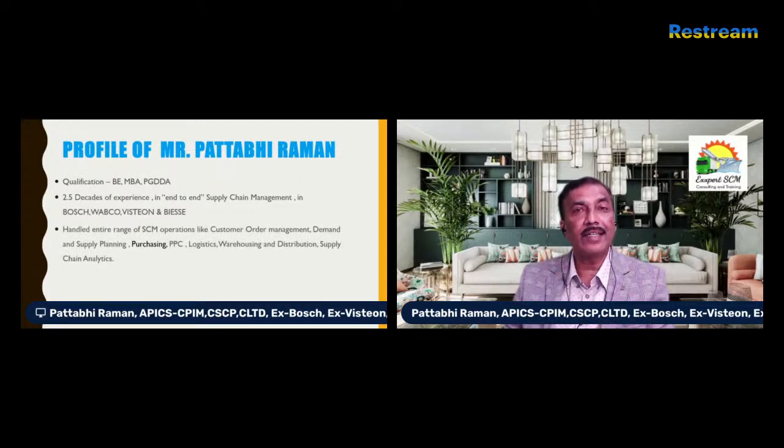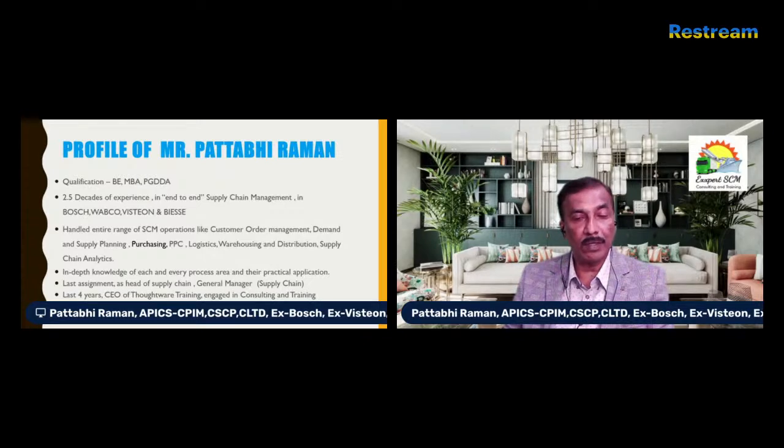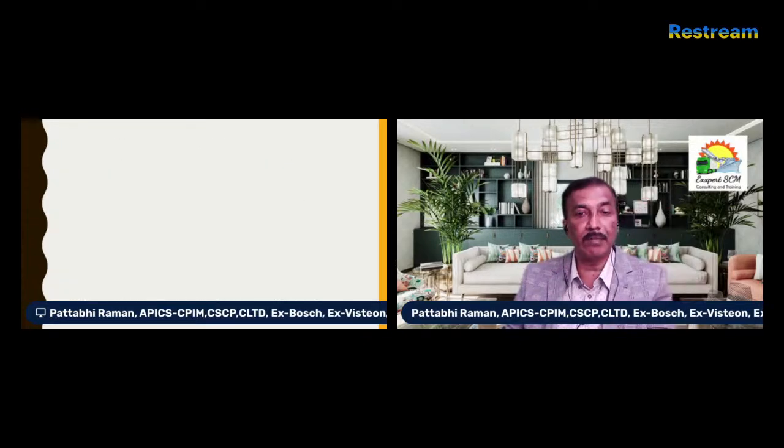I have handled each and every subdomain in supply chain at various levels during my career. In the last 10 years, I have been heading supply chain, managing end-to-end supply chain operations. For the last 4 years, I am heading the current organization as CEO of Thoughtware Training Private Limited.